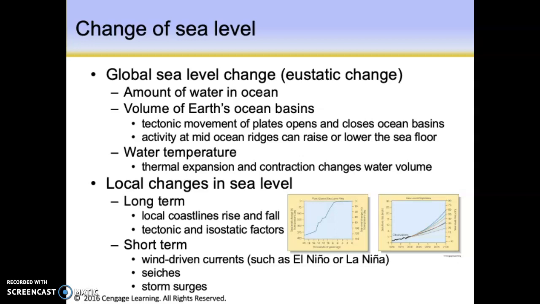The ice cap on the Arctic Ocean, on the other hand, is floating in the water, so that ice actually displaces a volume of water equal to its mass. So melting or freezing the ice cap on the Arctic Ocean does not affect sea level.